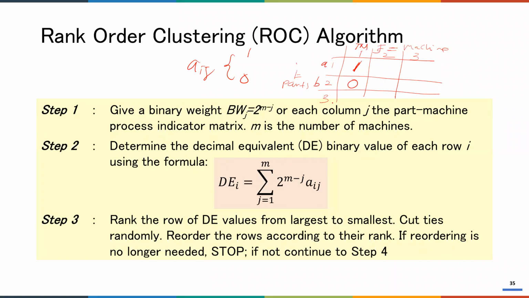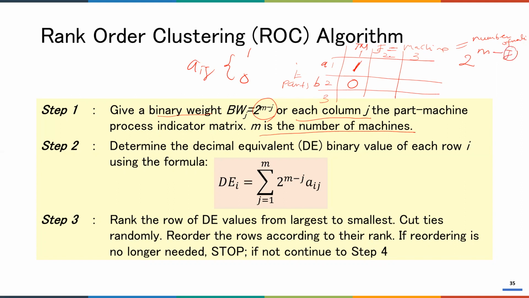Something like that. And what we need to do is, first, we calculate the binary weight, BWJ, for each column. For each column, you calculate the binary weight by having 2 power m minus j. The m means the number of machines. For example, in this case, we have in total 3 machines, so m equals 3, minus j.